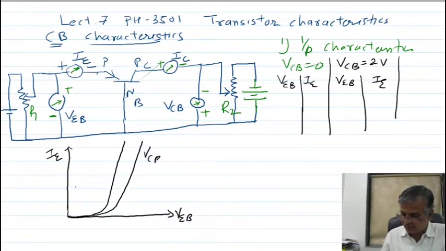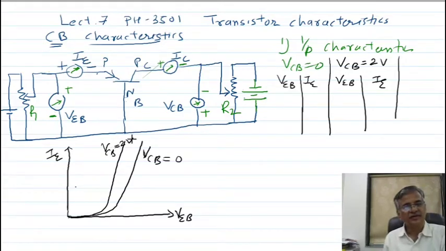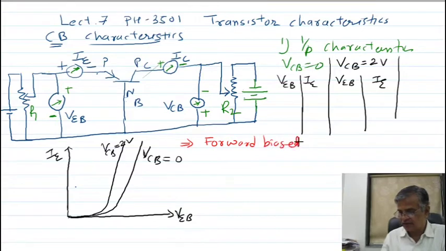This is for VCB equal to 0 volt, and this is for VCB of 2 volt or greater than 1 volt. Now, what is the conclusion from this graph? You can say this graph is similar to forward bias diode characteristics.